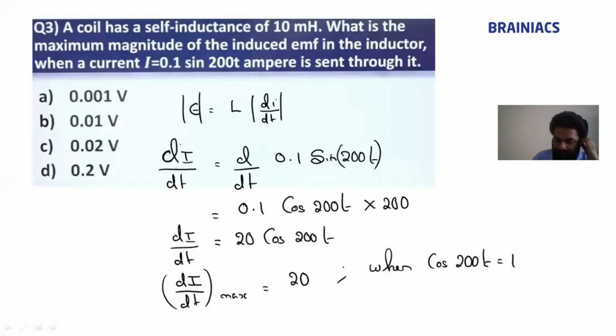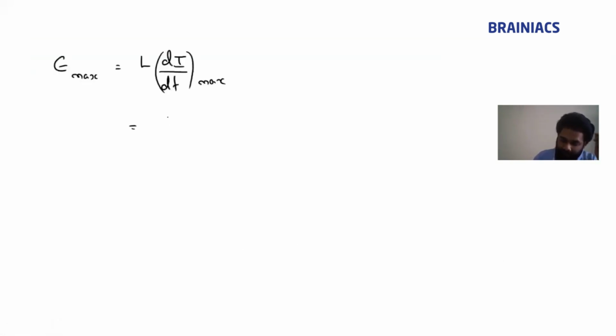So now the maximum EMF is L di by dt max. L is constant, so we are searching for the maximum value of di by dt. The inductance value is given as 10 millihenry. So 10 into 10 raised to minus 3 into 20. So we are getting 200 into 10 raised to minus 3, which is nothing but 0.2 volts.